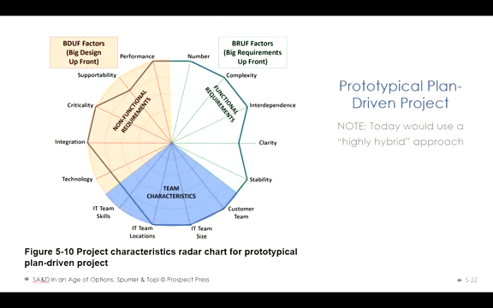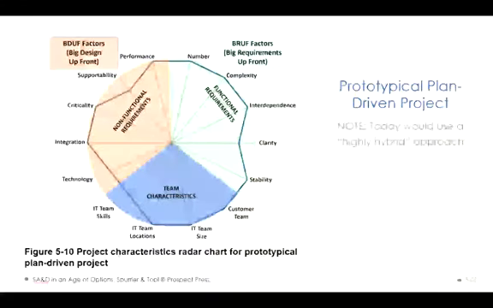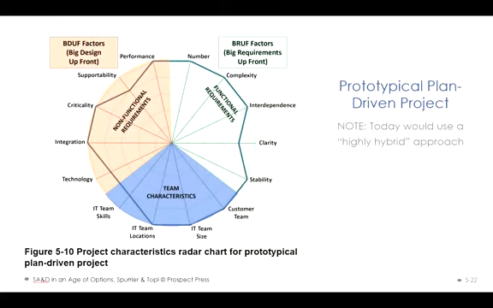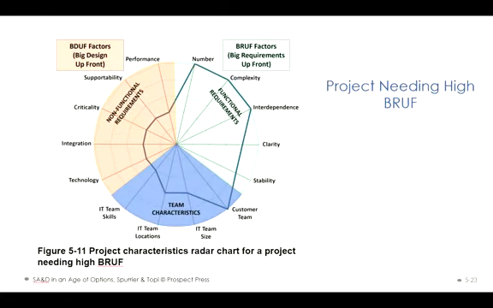On the other hand, if you have very critical, complicated functional and non-functional requirements, you will probably need a very large team, and then you'll have more of a plan-driven methodology. And this one is a typical BRUF project or BRUF methodology.